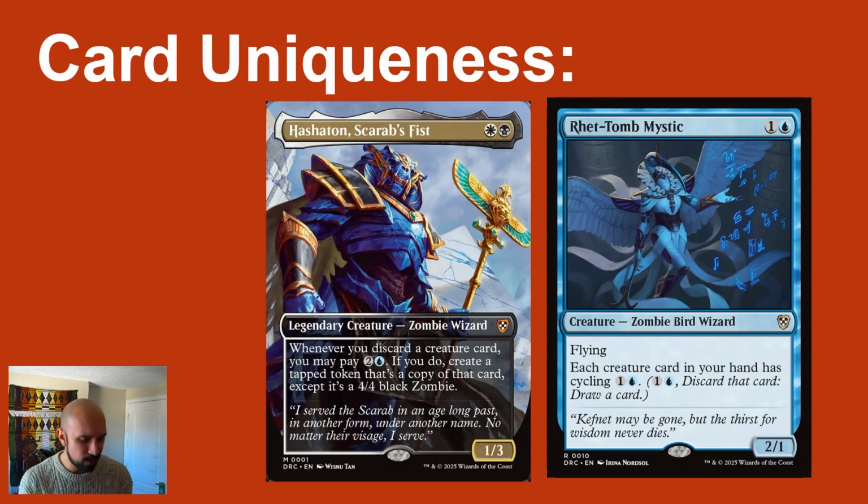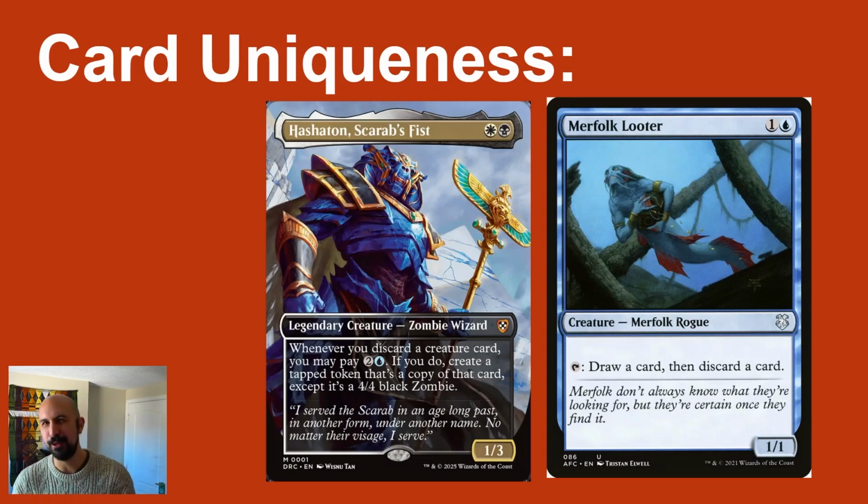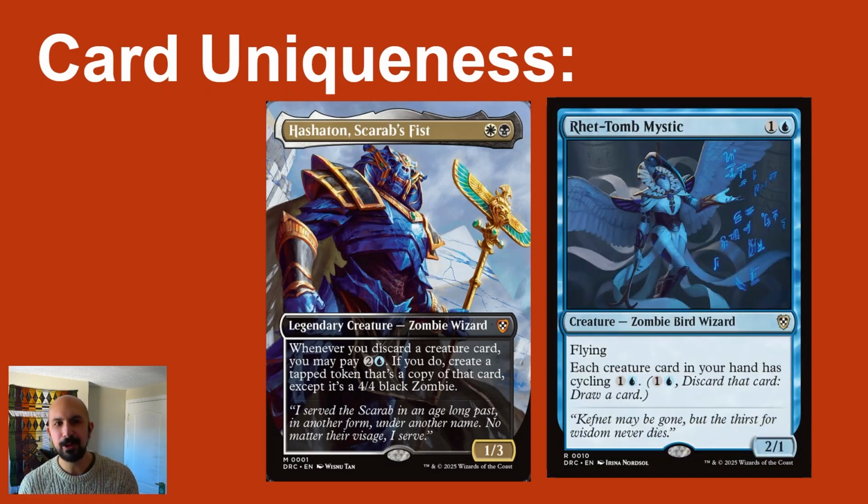Here's the thing. You know what card is really, really similar to this card? Merfolk Looter. And I know that feels derivative, but hear me out. A card like Reptome Mystic is a card that allows you to cycle, discard a card, and draw a card for 1 and a blue.